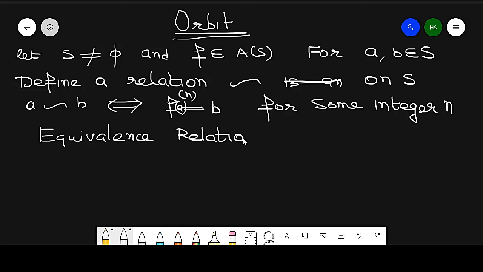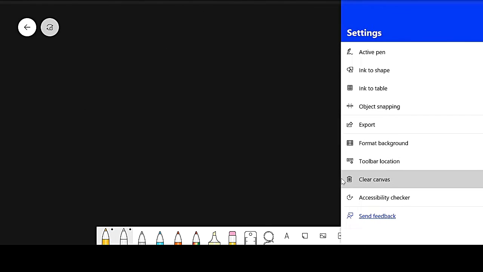So if this is an equivalence relation, then our given set can be partitioned into classes, and those classes can be written as the equivalence class of A. Suppose this is the equivalence class of A, which is also called an orbit.